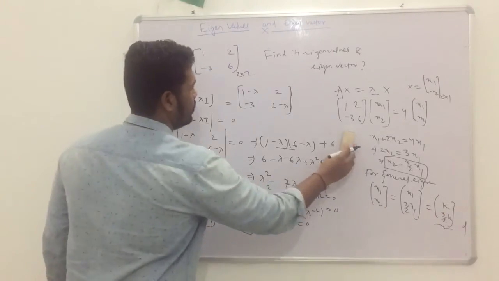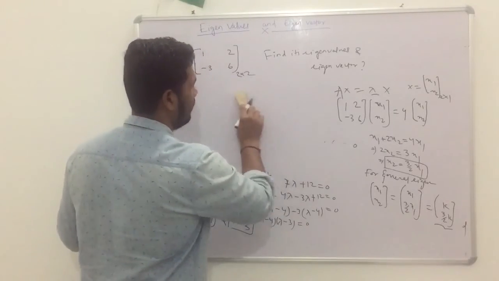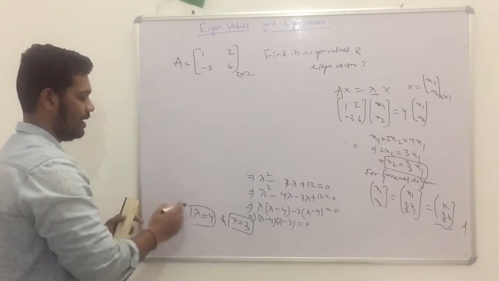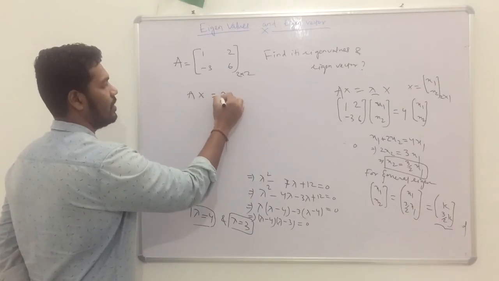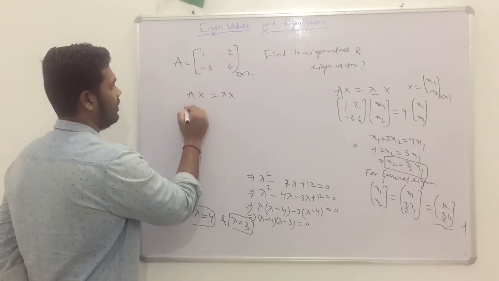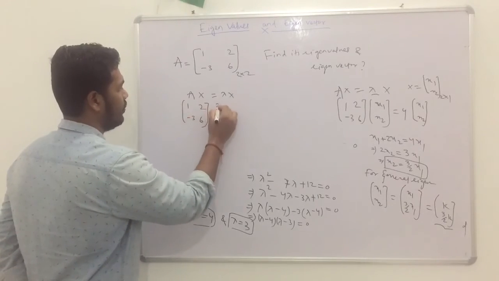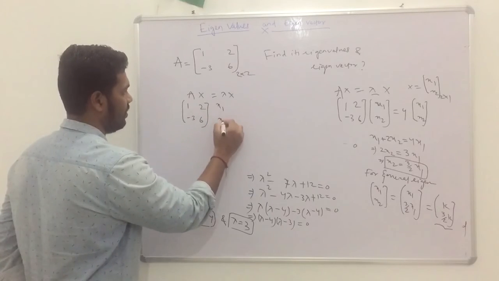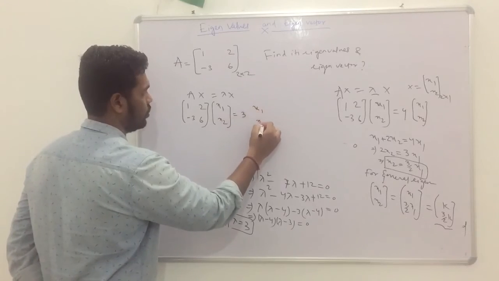You can also find the eigenvector for the eigenvalue lambda equals 3. So similarly, Ax equals lambda x, and your [1 2; minus 3 6] into simply an arbitrary column vector (x1, x2) equals 3 times (x1, x2).